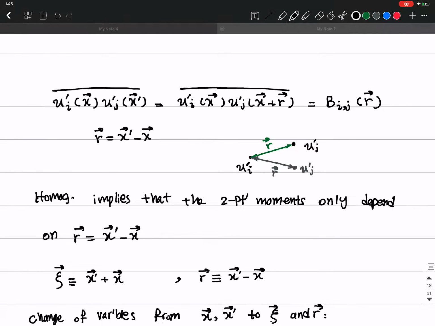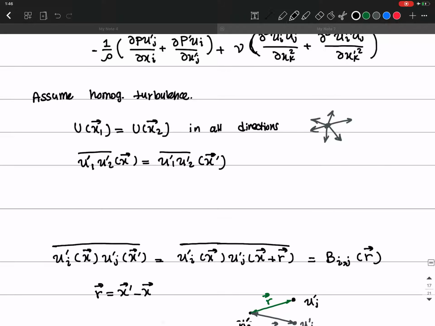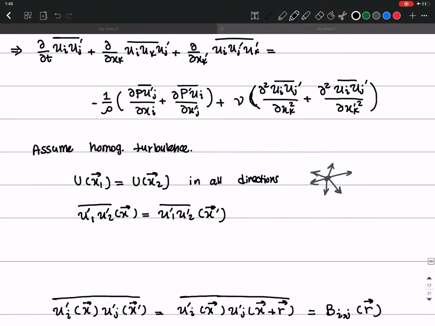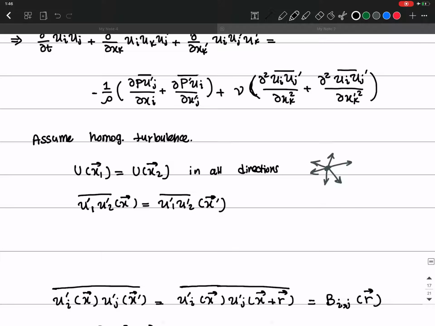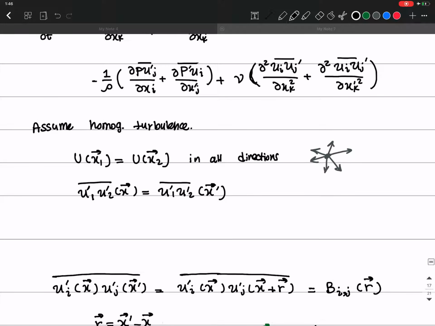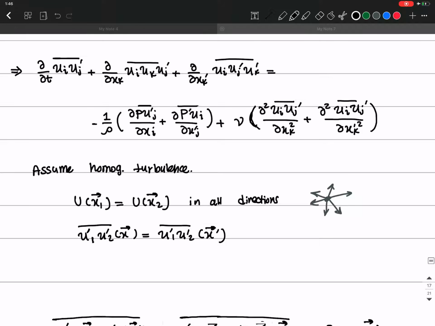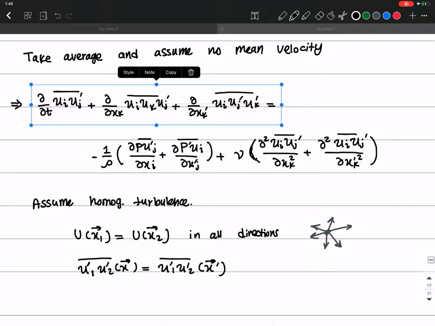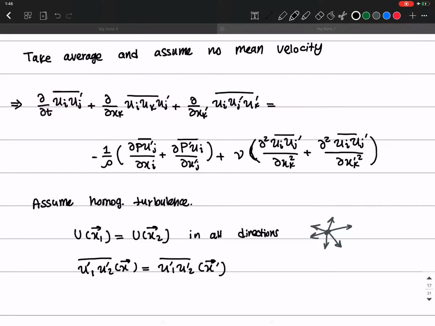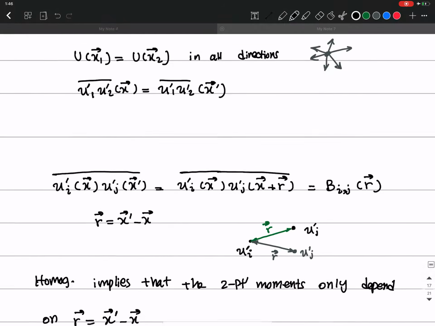Now we know that, based on this definition that we had here, I can write these u prime i, u prime j as b i j, r, and t. So that's going to be the first term that I have, and it's only a function of r. For the first term here, I can just use that. So let me write it here.